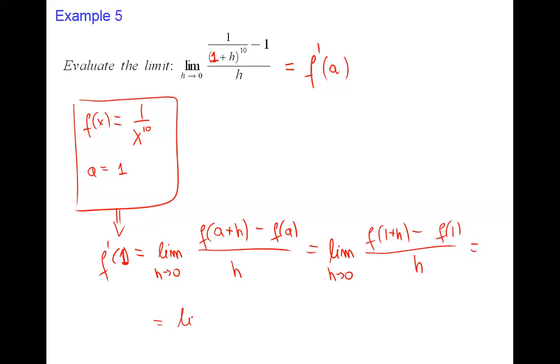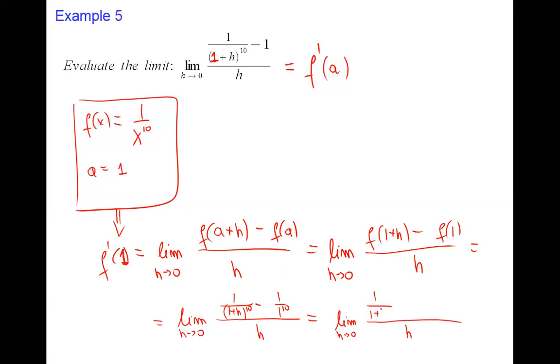Okay, and now the limit as h goes to 0. The function is defined as 1 over x to the power of 10. That means this will be 1 over 1 plus h to the power of 10, and f of 1 will be 1 over 1 to the power of 10. And we can definitely see it is the limit from our original question.